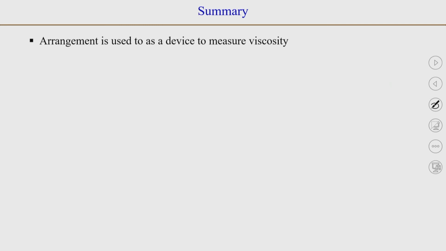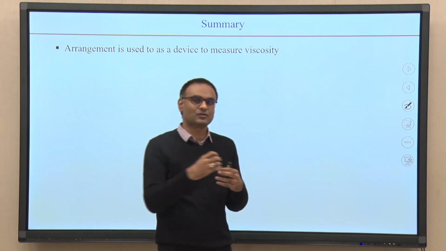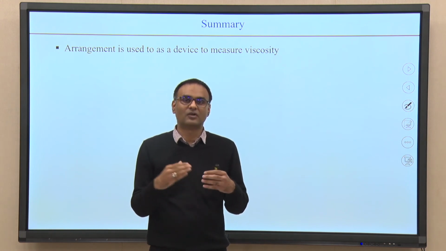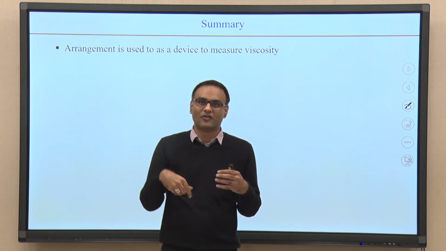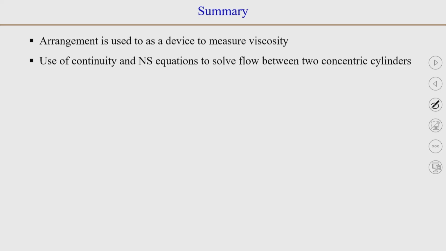So, if we summarize what we have discussed today, we discussed a coannular arrangement of circular cylinders where the cylinders are coaxial and found the velocity profile when the outer cylinder is rotating. We simplified the mass and momentum conservation equations, used the boundary conditions for such a case, and we noted that even though the flow is axisymmetric, V theta is non-zero.